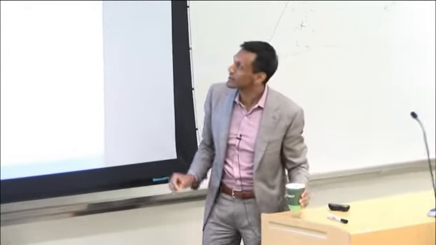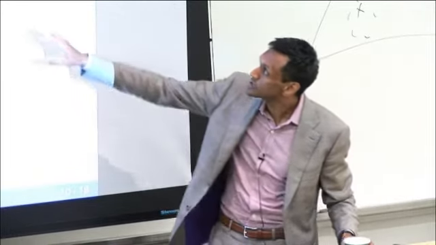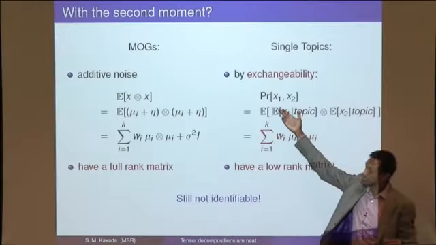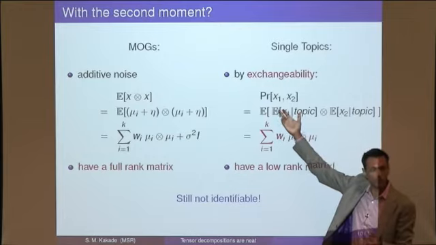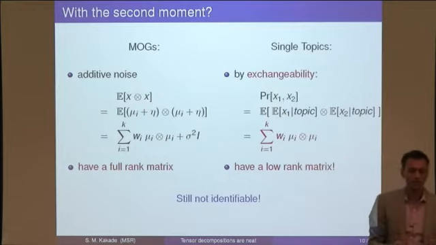Now, something really nice happens for topic models, from discussions with Paul too, when you have cross correlations in a matrix. If you look at the joint distribution between two different words, these words are sampled independently conditioned on the topic. So the noise is independent.